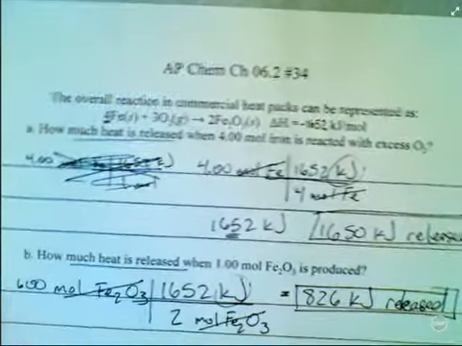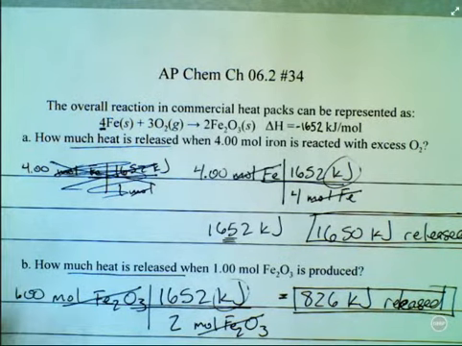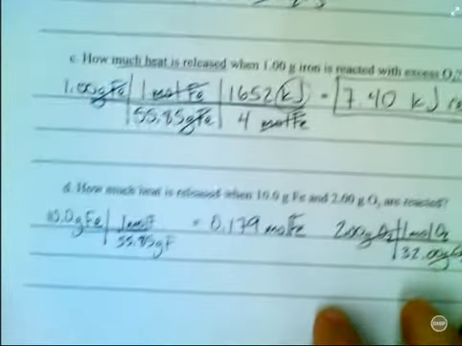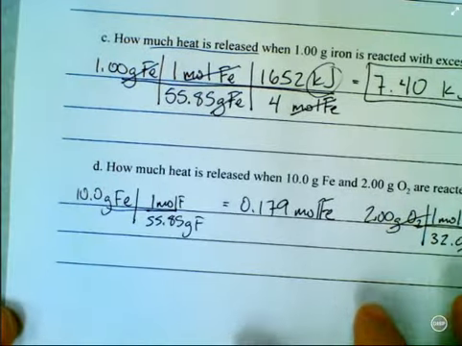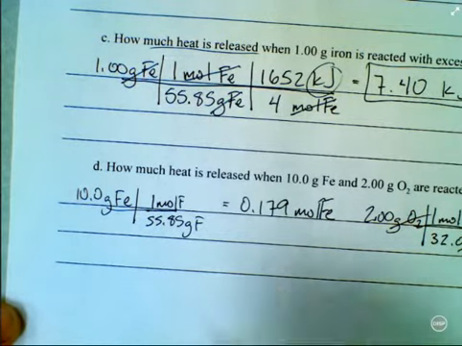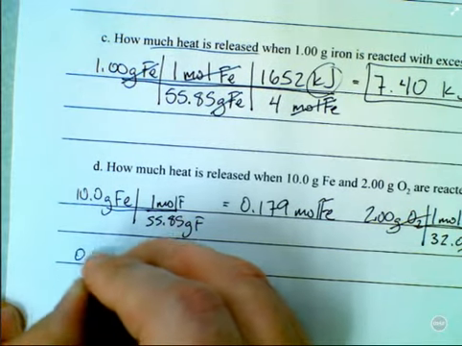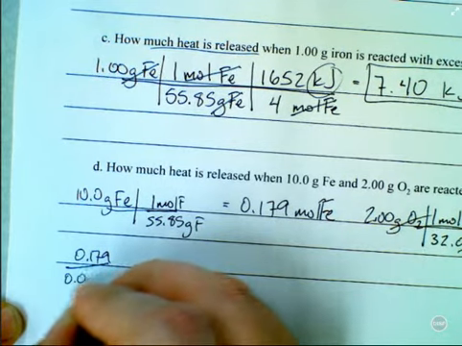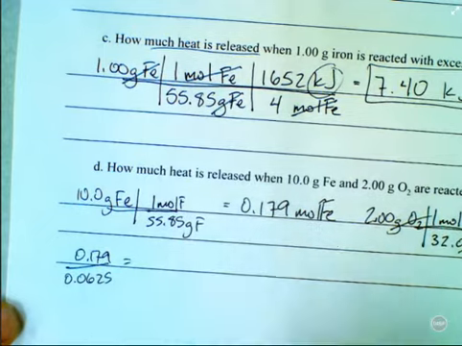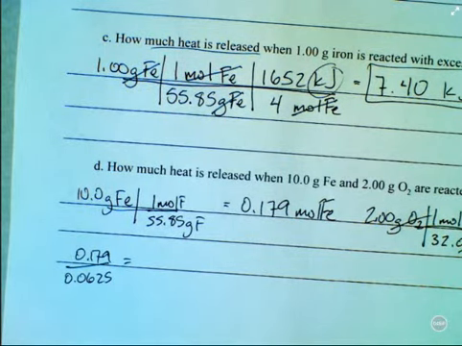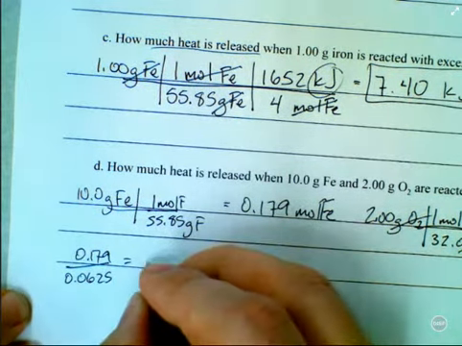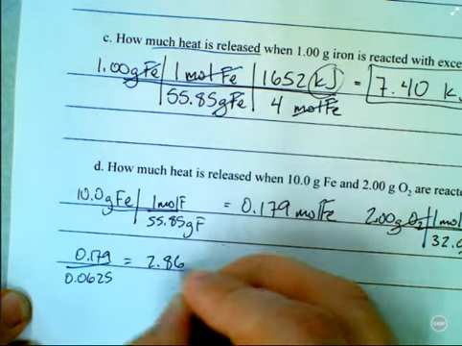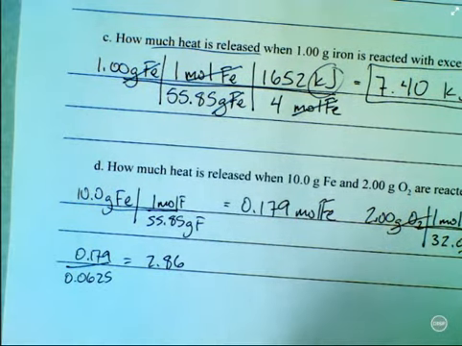Now, according to my balanced chemical equation, these things need to happen at a 4 to 3 ratio. Just dividing that out, that ends up being a 1.33 ratio. But when I take my 0.179 and 0.0625 and find that ratio, I find the ratio is actually closer to 2.86.